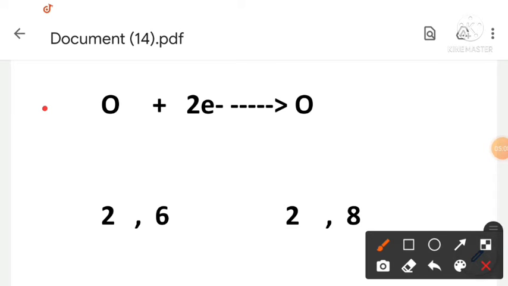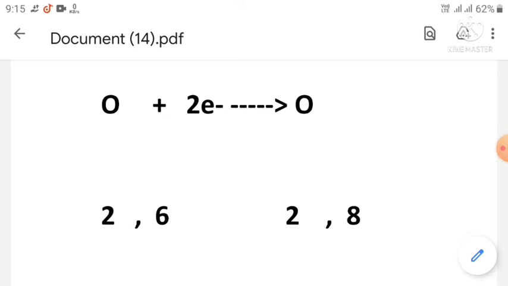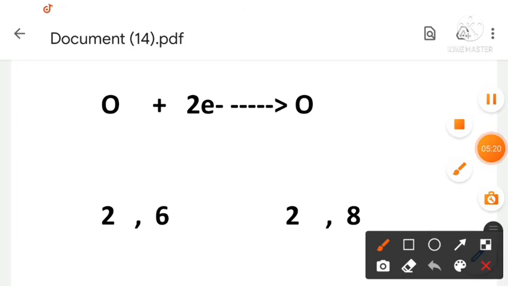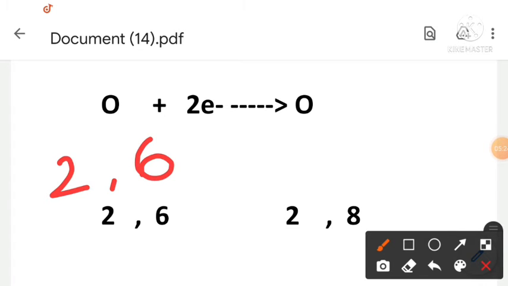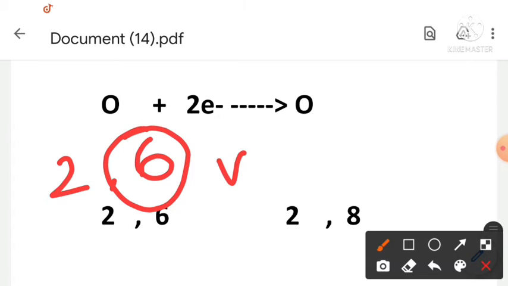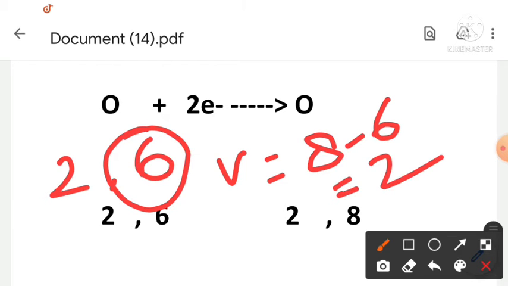We know that Z of oxygen is 8, so we write the electronic configuration 2 6. Here 6 is the valence electron, so we derive the valency, 8 minus 6 is equal to 2, so it gains only 2 electrons from the outermost shell of other elements.